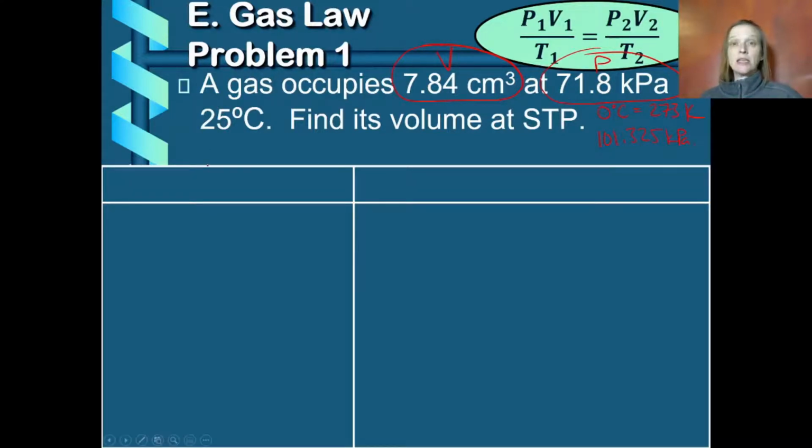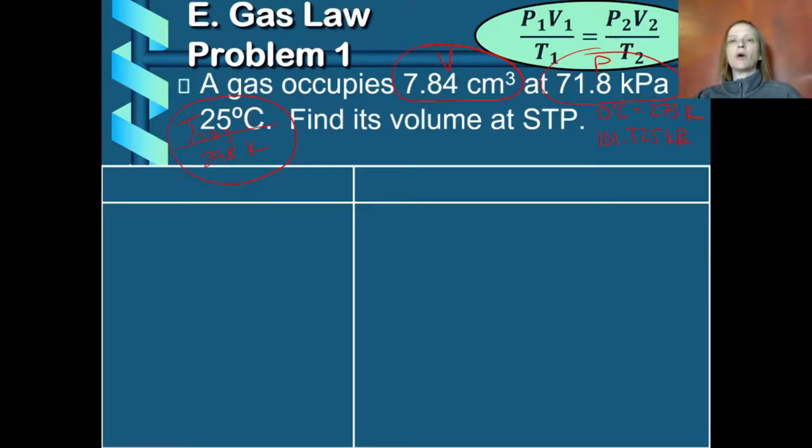Now, it's not the correct unit for a gas law problem. I need to convert to Kelvin, but I can do that just by adding 273, and then I get a value of 298 Kelvin. So this is my temperature value.